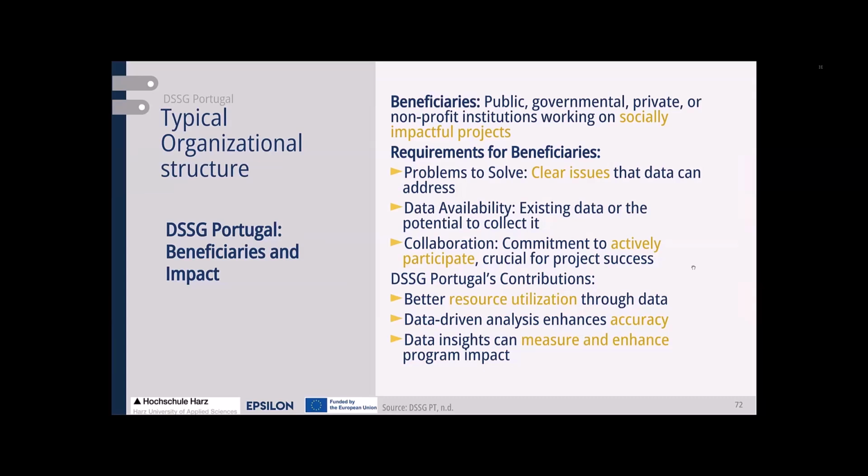So therefore, the beneficiaries should be public, governmental, private, or non-profit institutions, and the focus lies on socially impactful projects. The management of the DSSG Portugal organization takes care that the problems to solve are clear and make sense and do have impact.